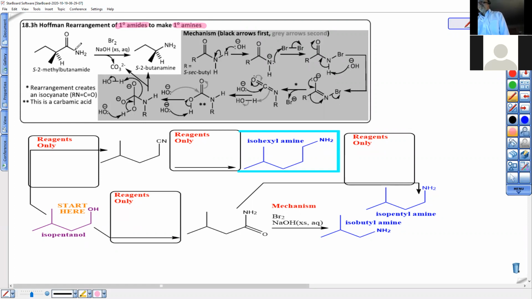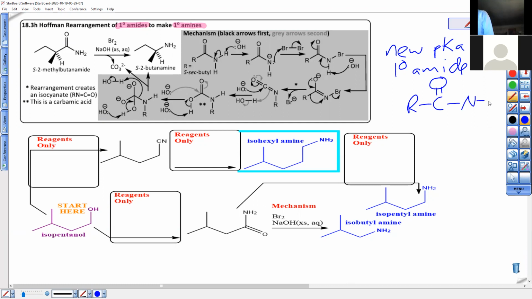And here's why. We're going to be reacting our primary amide, which has a new pKa. It looks a lot like an alpha hydrogen, except the H is attached to a more electronegative atom than carbon.